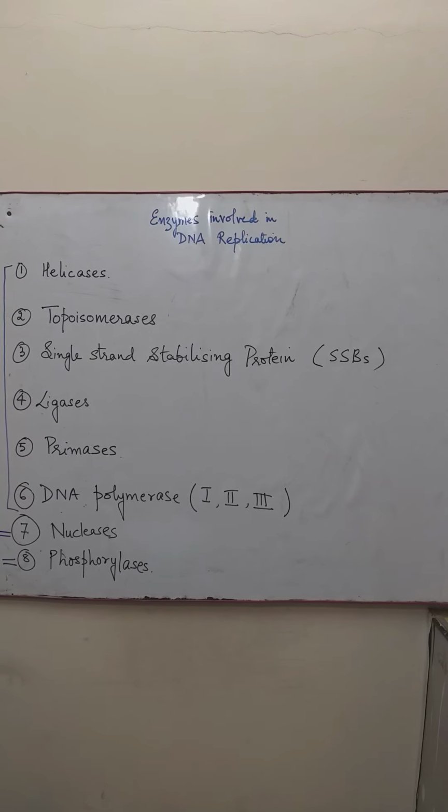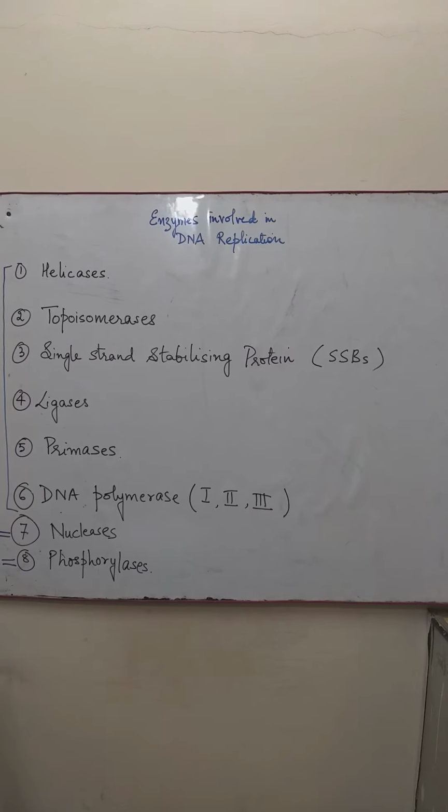Then we have the next class of enzyme, which is ligases. Ligases are very important because these are the enzymes which catalyze the joining of the short fragments of DNA by the formation of phosphodiester bonds.